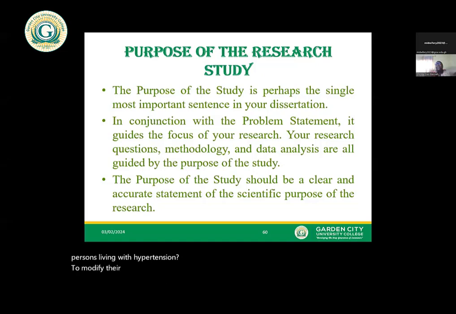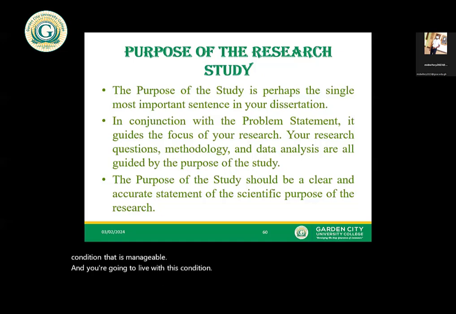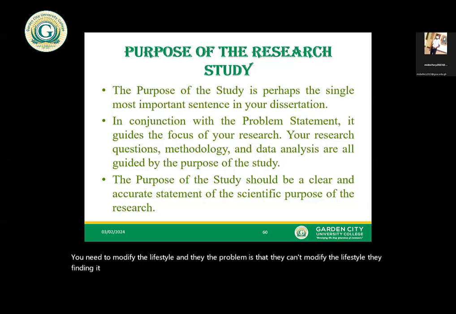Because we've told them that it is a condition that is manageable. And you're going to live with this condition. But if you will live long and avoid complications, you need to modify the lifestyle. And the problem is that they find it difficult, challenging enough to modify the lifestyle.